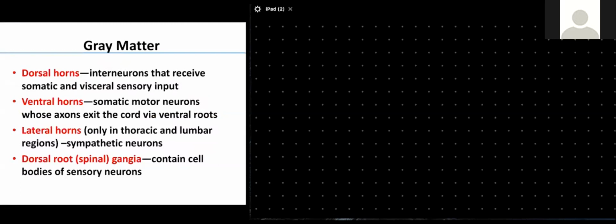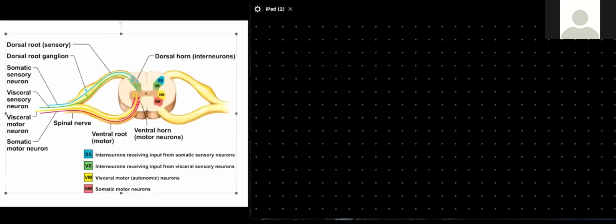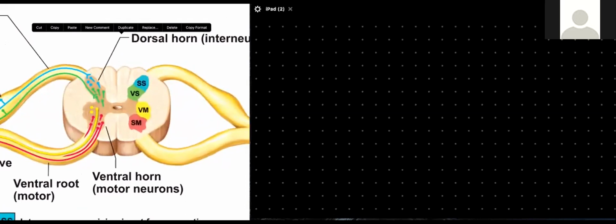Looking closer to the structure of those H-shaped gray matter. Each H-shaped gray matter is going to have a ventral horn. You see on here, this is my ventral horn. Also, it's going to have a dorsal horn.